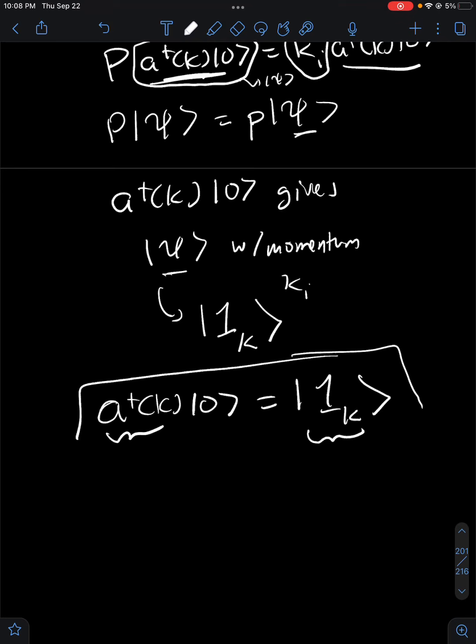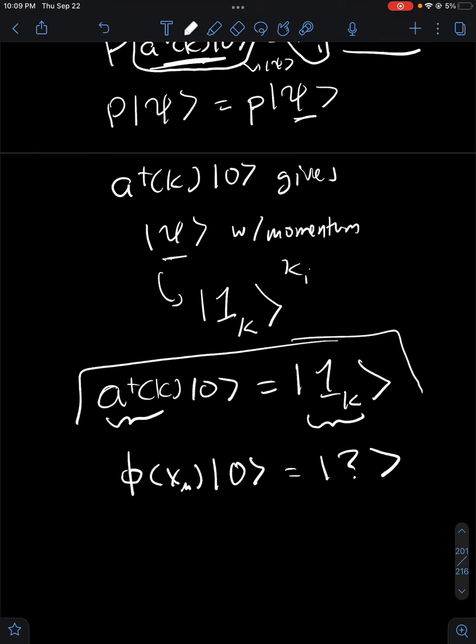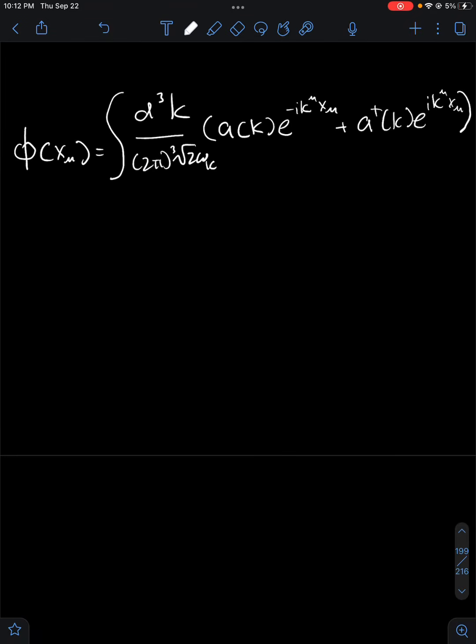So if the Fourier coefficients acting on particle states give us other particle states, maybe the field itself acting on the vacuum state can give us some sort of particle state. Maybe, who knows? So here's the free scalar field that solves the Klein-Gordon equation.